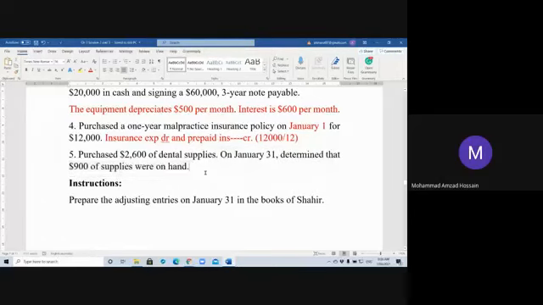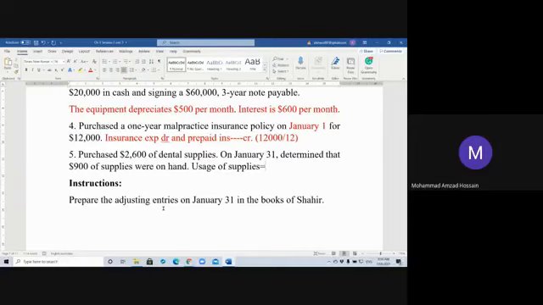Then what will be the usage of supplies? Student, I have purchased 2,600 of supplies, and after the end of the accounting period, I come to know that 900 supplies are on hand.